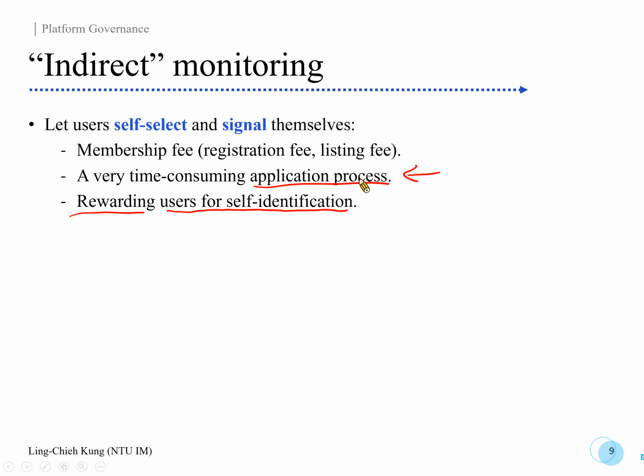You don't need to do that, but you are allowed to do that. So you don't require one to provide full information when they join, but you give them options. You may join without providing this information, or you may join by providing this information. That's some kind of way for people to signal how serious they are in using this platform.